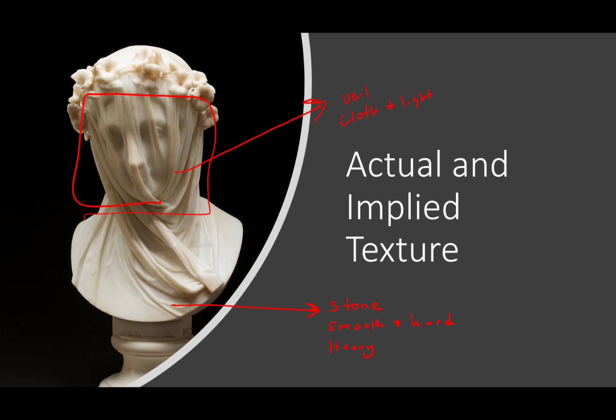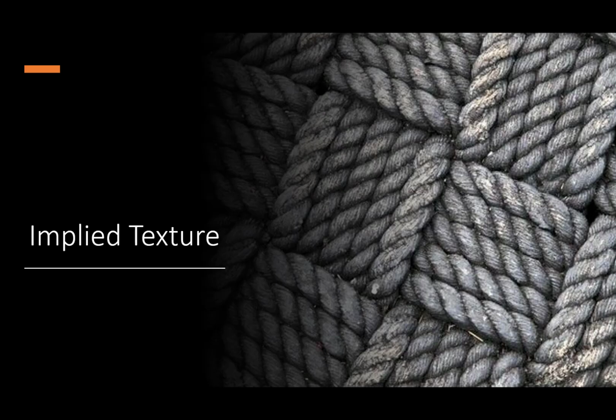When sculptures are carved in a way that it doesn't even appear to be stone, it looks like fabric. And so that is the implied texture. And the actual texture is all of it. Every aspect is the actual, but within the actual, you have this implied. So you can have both actual volume and implied mass. You can also have actual texture and implied texture together. It doesn't have to be one or the other all the time.